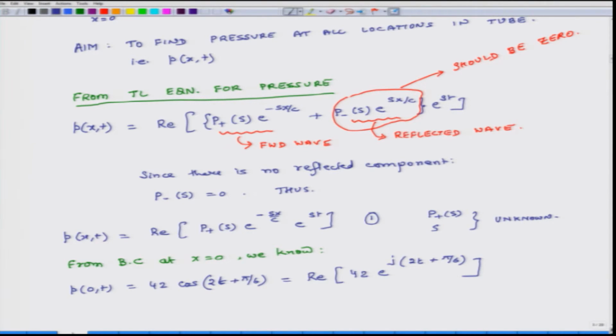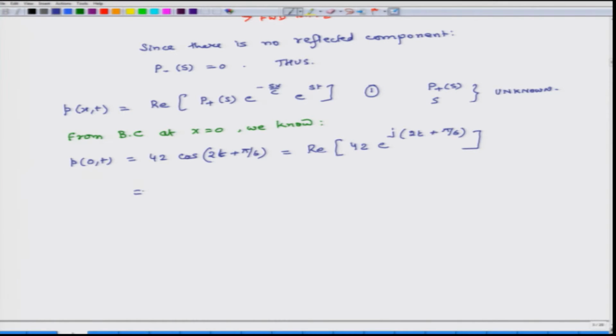Okay. Or I can further transform it in this form, 42 e to the power of j pi over 6 times e to the power of j times 2 t. So, that is my equation 2.